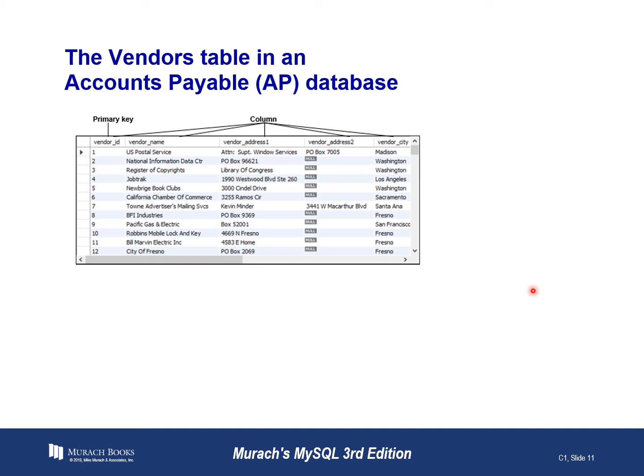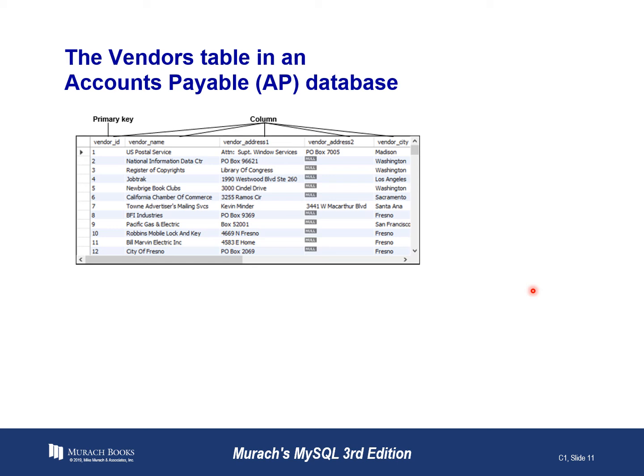A table is typically modeled after real-world entities such as an invoice or a vendor, but not always. A student table could store information about a student, a courses table for a course, and so on.